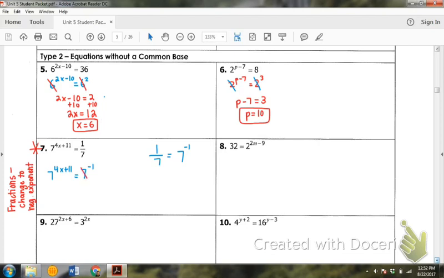And now you can, just like normal, cancel the bases. 4x plus 11 equals negative 1. Subtract 11 over and you get negative 12. So x is negative 3.